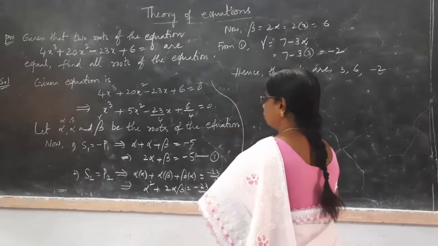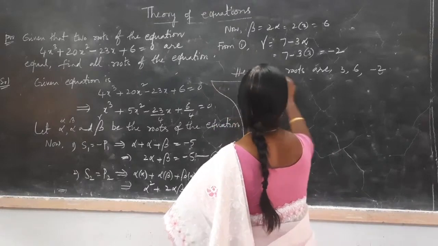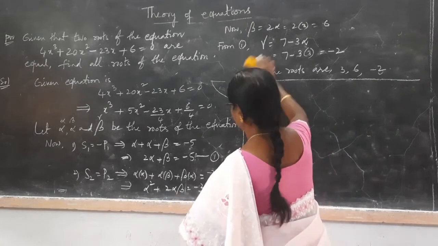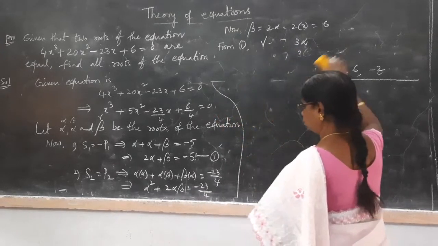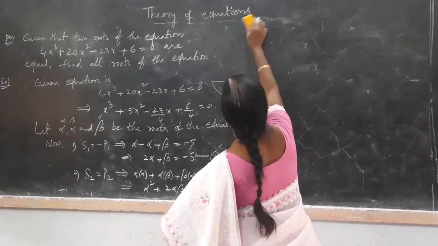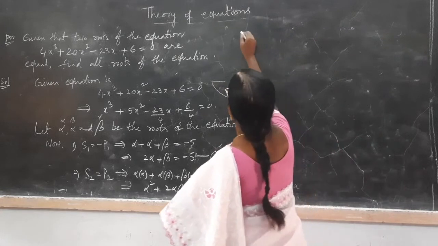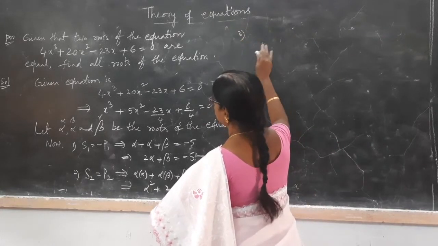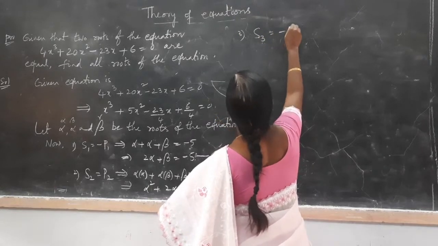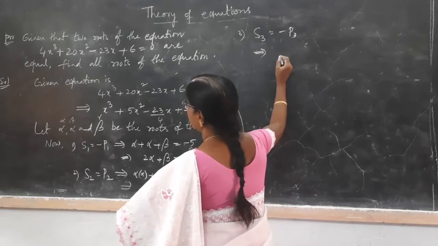So we can write the third relation also. So I write the third relation. S3 is equal to minus P3. This implies, what is your S3?